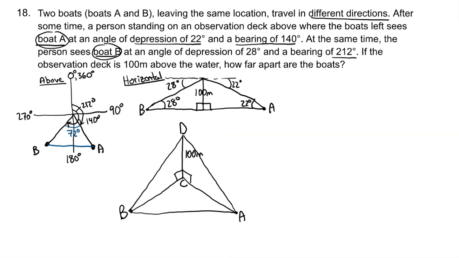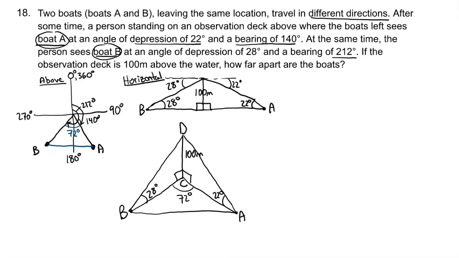So BCD is a vertical triangle and ACD is a vertical triangle. But triangle ABC, with this angle of 72 degrees here, is the triangle that's flat along the surface of the water. So I'm just going to add these 28 degree and 22 degree angles as well.